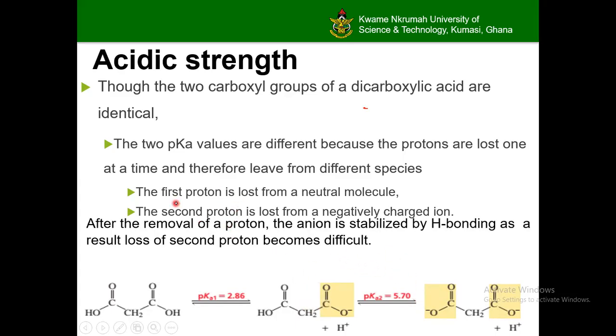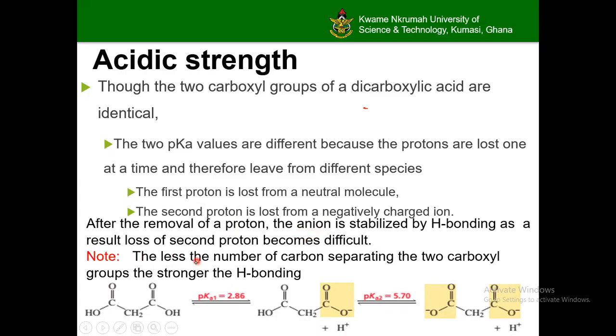But now we are seeing that after removal of a proton, the anion is stabilized by hydrogen bonding, and as a result, loss of the second proton becomes difficult. Now we are seeing that the fewer the carbons separating the two groups, the stronger the hydrogen bonding, right? So if you have, let's say, one carbon separating the two carboxyl groups, the hydrogen bonding, that's the intramolecular, is strong.